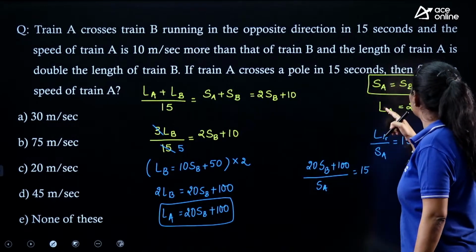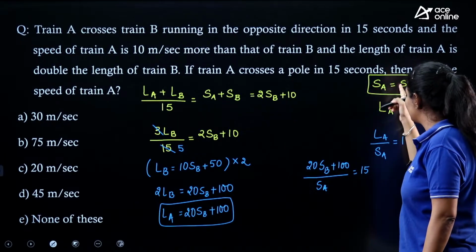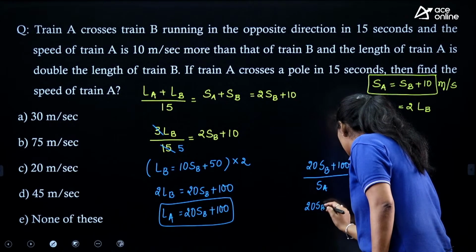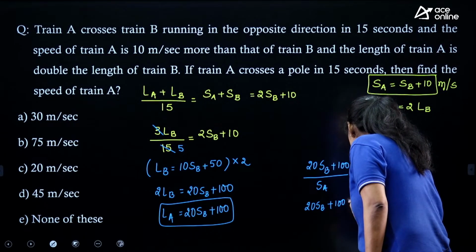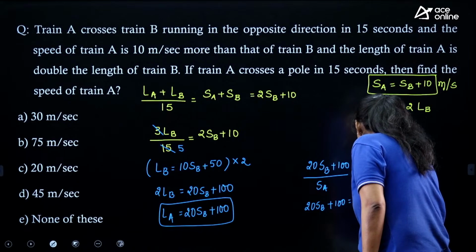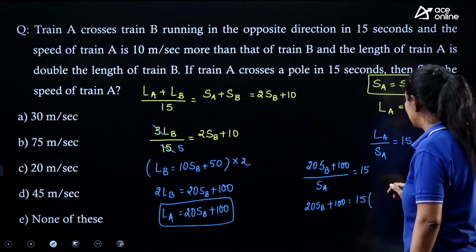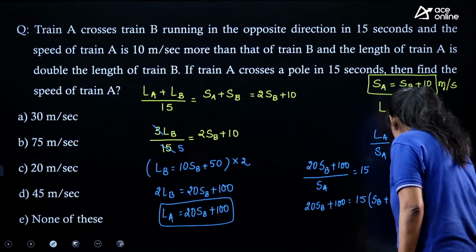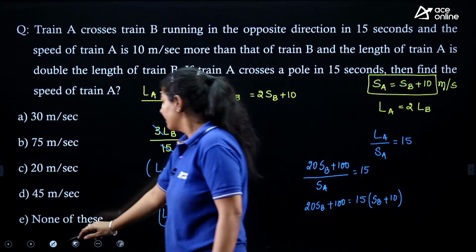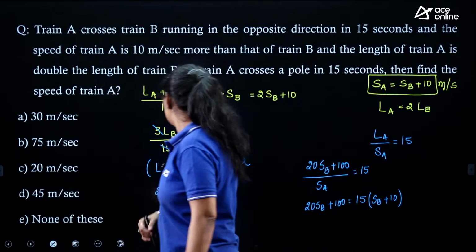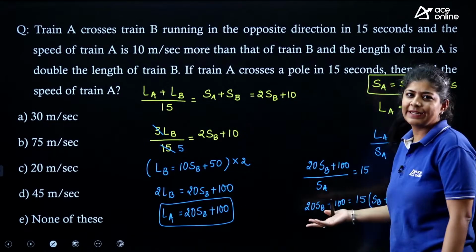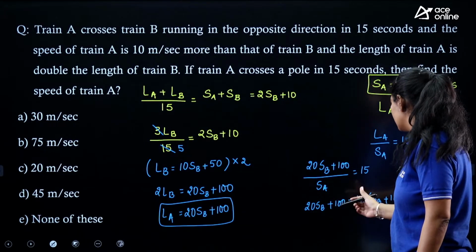Now the relation that we have between SA and SB is this one. So 20 times the speed of train B plus 100 is equal to 15 times (SB plus 10), right? Now you can either first multiply this equation by this one or directly eliminate by taking the common factor.